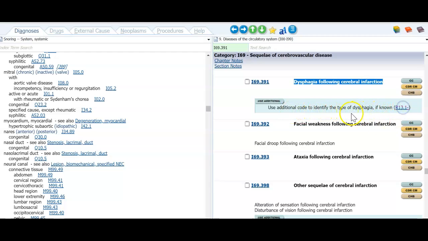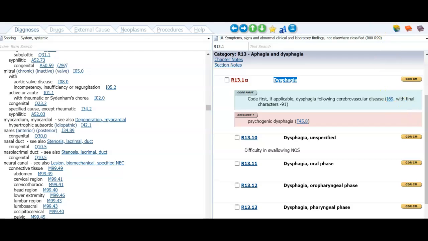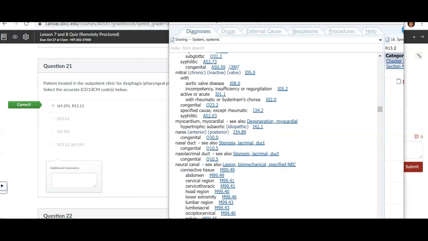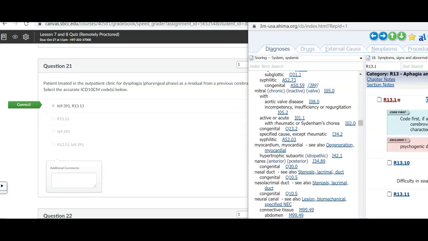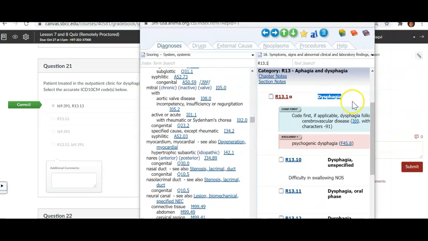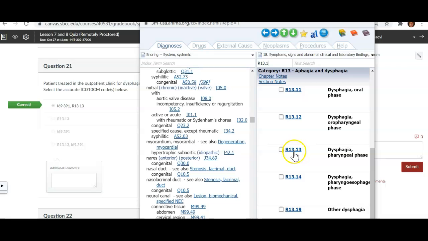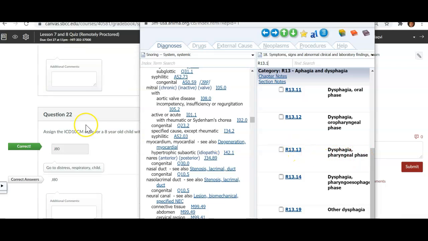That's why it's taking me to R13.1. If I go there, what type of dysphagia do we have? The pharyngeal phase, which is right there, R13.13, pharyngeal phase.